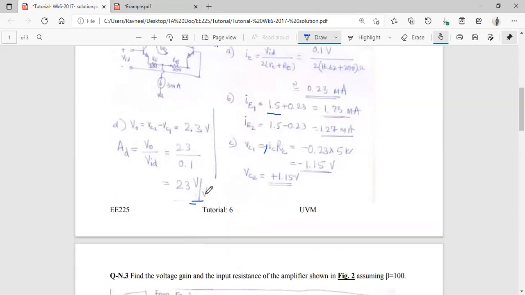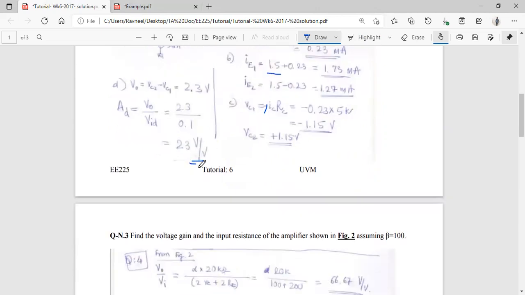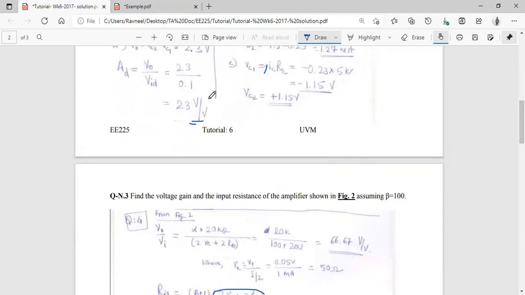So our differential gain is equivalent to 23 volts per volt, right? Don't forget the units. The units are really important, so in your short test, in your examinations also, please remember to use the units, right?